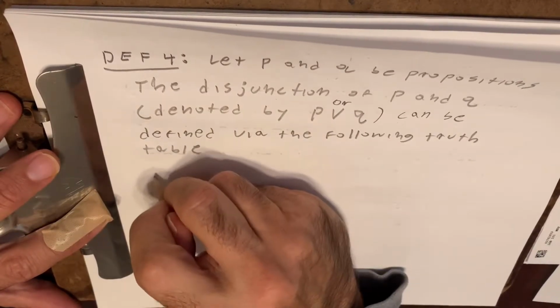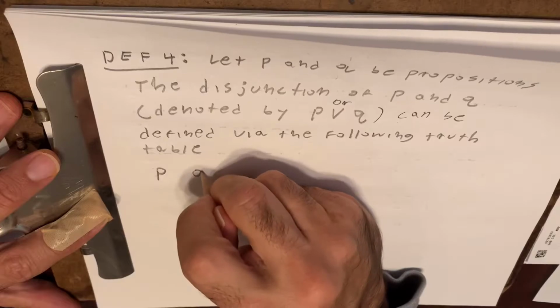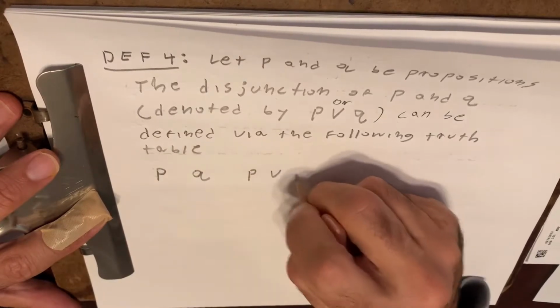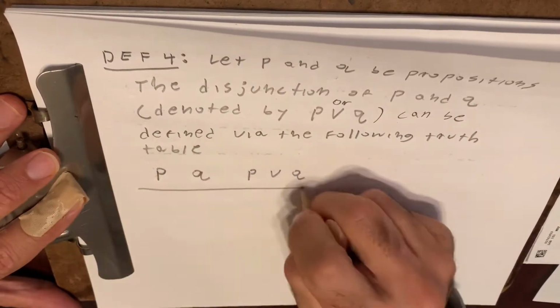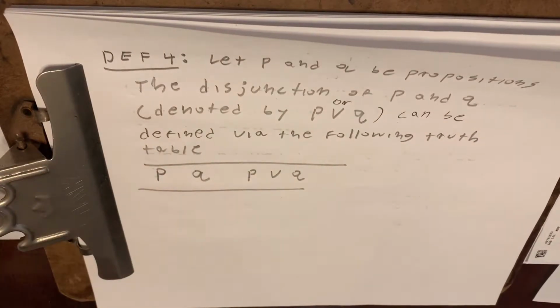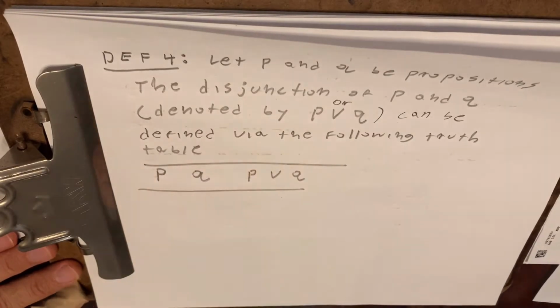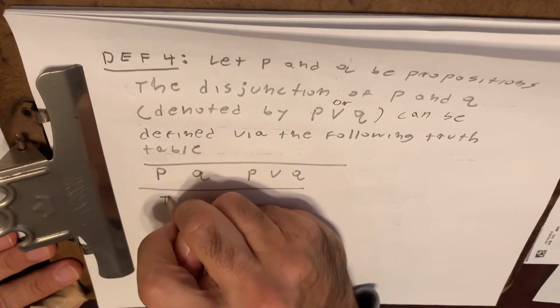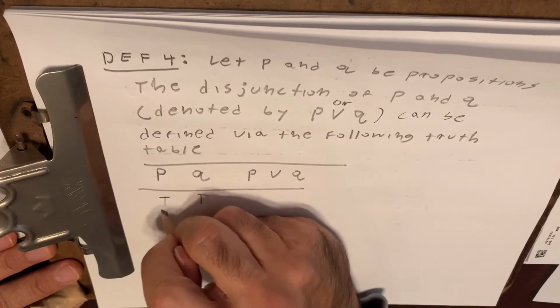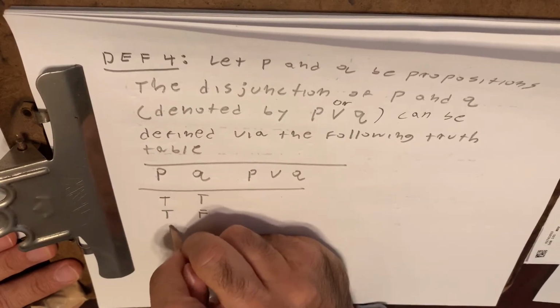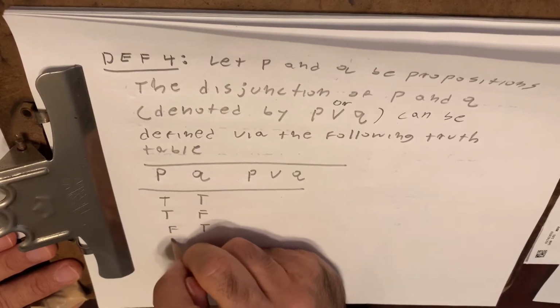So again, we have P, we have Q, and we have P or Q. Just like in the conjunction, since we have two propositions here, we're still going to have the same four truth values: true, true; true, false; false, true; and false, false.